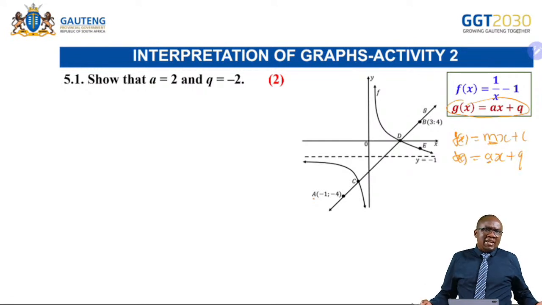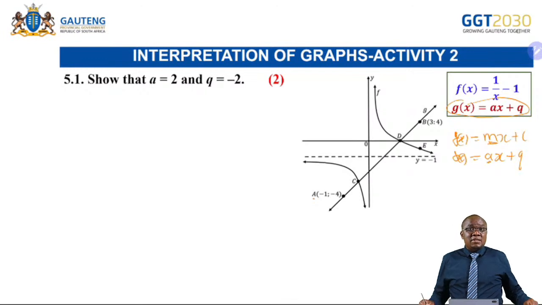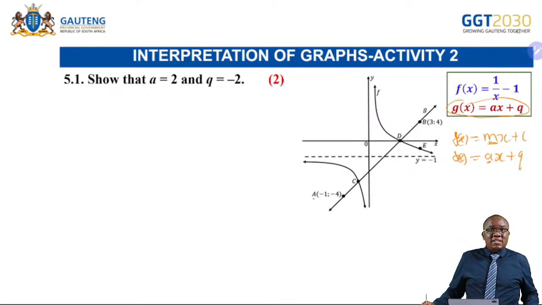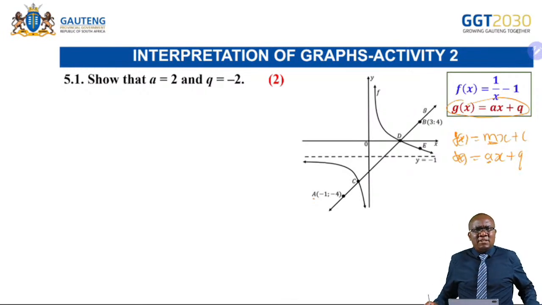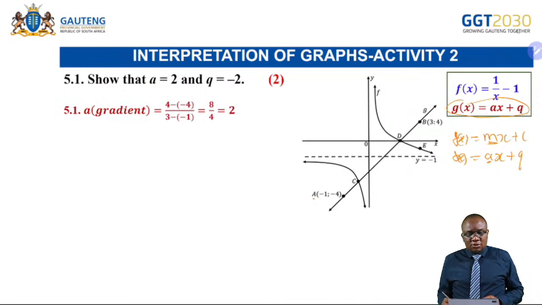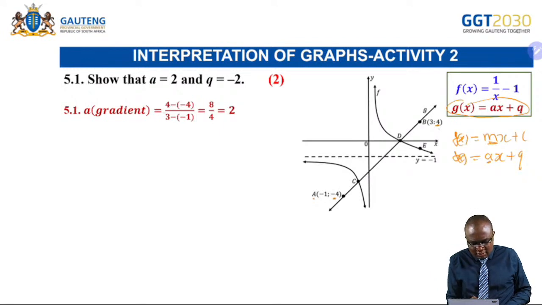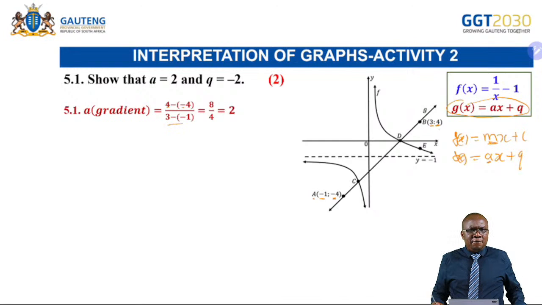Let's start finding a, the gradient. We know the gradient formula. Mathematics is mathematics. We're doing functions here. Some of you say gradient is found in analytical geometry or coordinate geometry, but you also find the gradient in functions. So you can do it like this: start with y, 4 minus negative 4 over 3 minus negative 1, using the gradient formula.